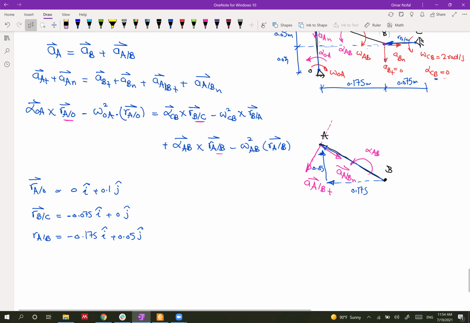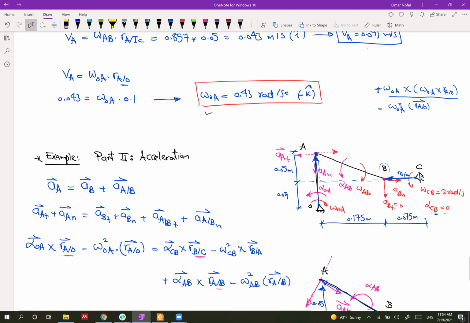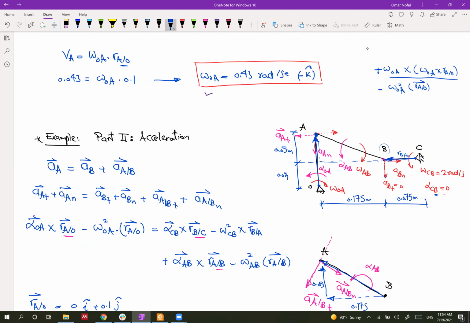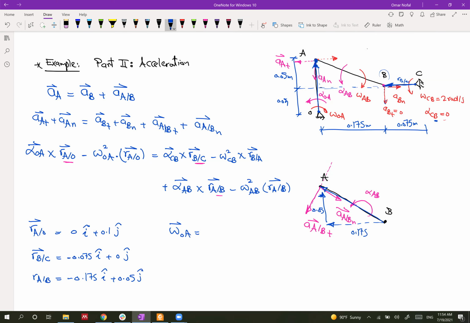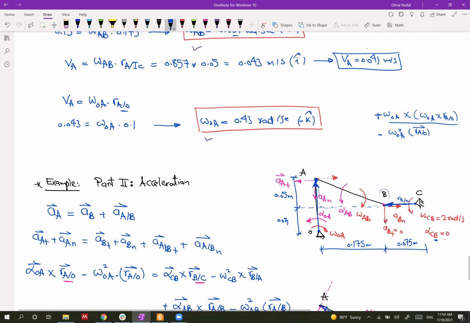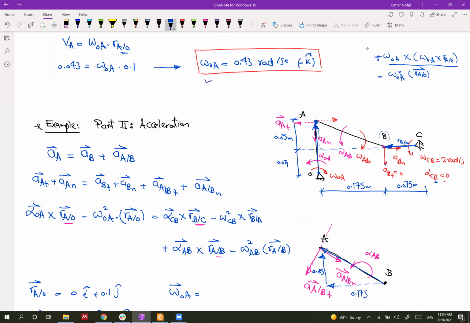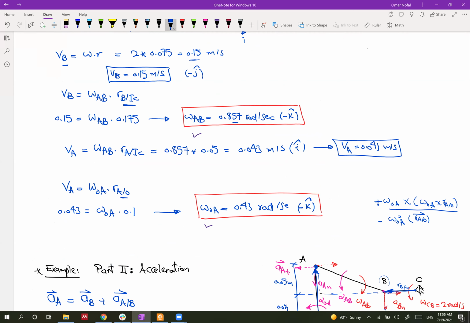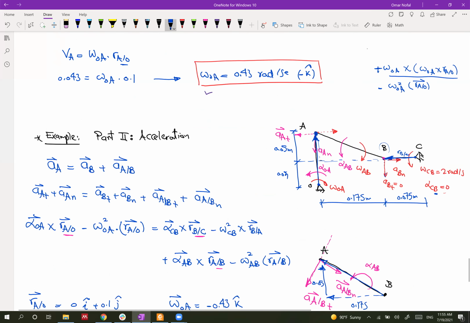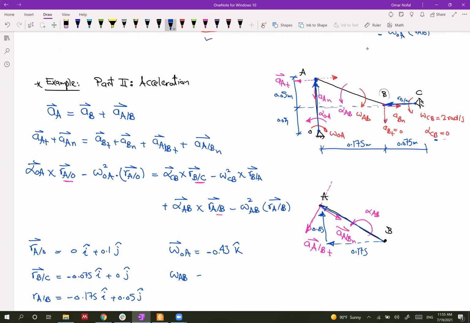How about omegas? We have omega OA here. We got it from the previous problem. So omega OA vector is equal to negative 0.43 in the K hat direction, because it's in the negative K hat. And omega AB is also in the negative K hat, 0.857, sorry.